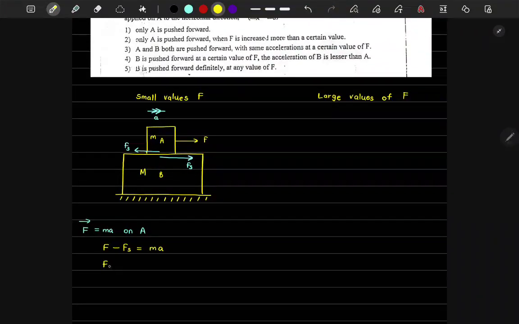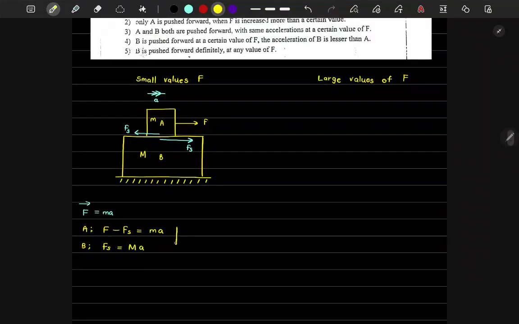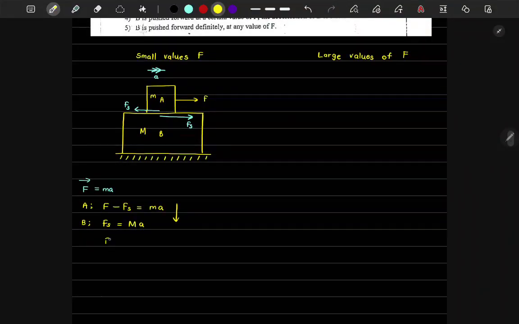And we have Fs equals capital MA for B. Now we can add the two equations. So F equals (M plus m) times A. So the acceleration would be F over M plus m.